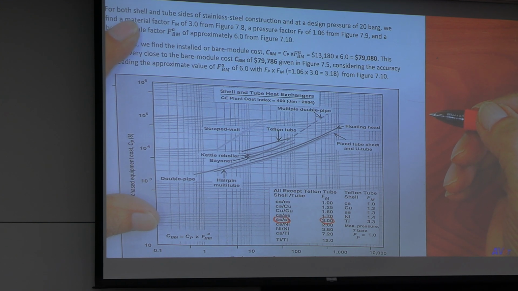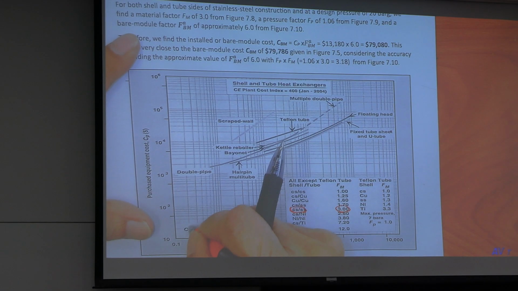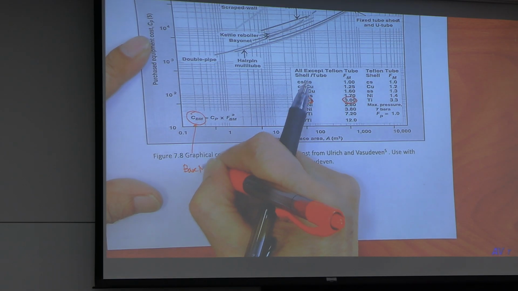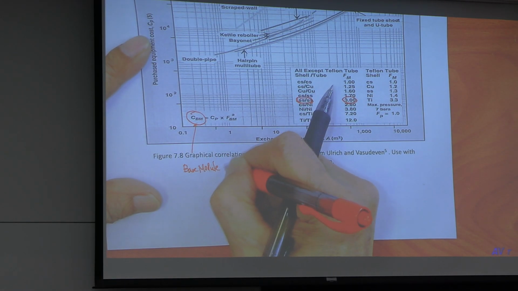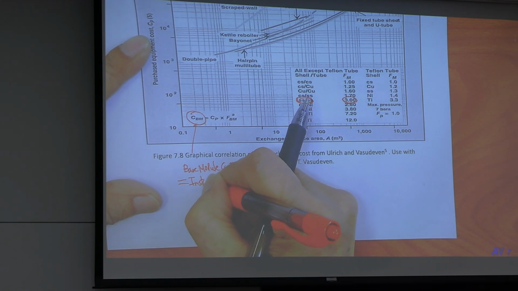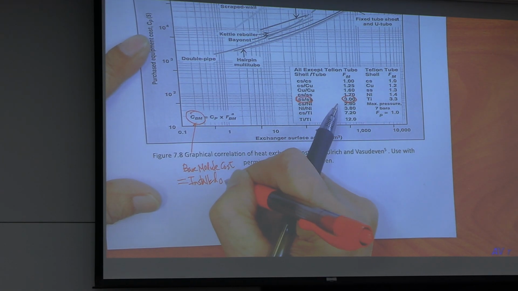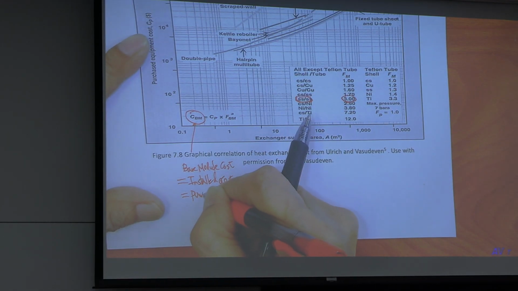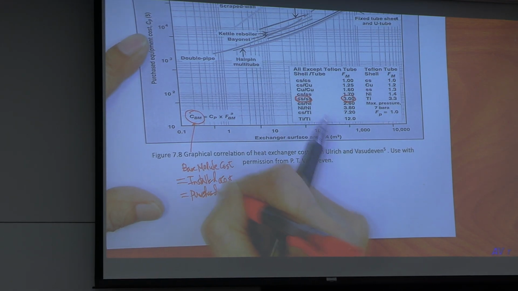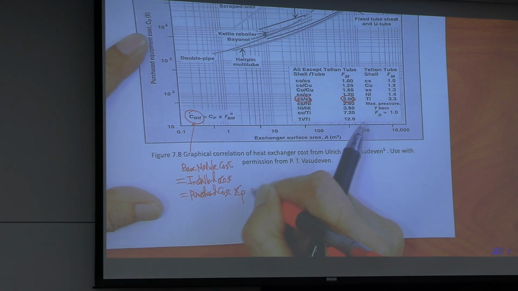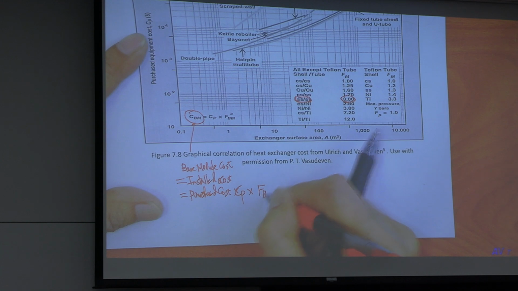Material factor 3. So, CBM, bare module cost, or install cost, equals purchase cost, CP, times FBMA.